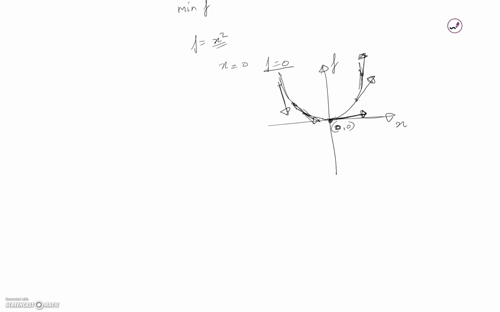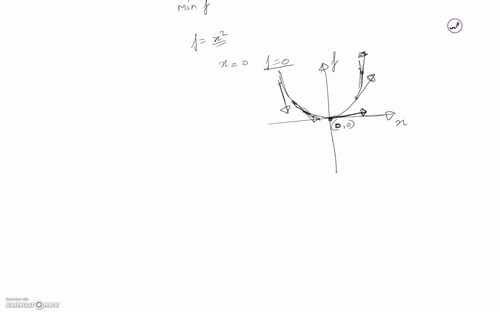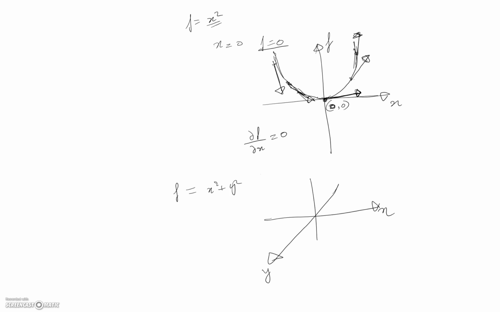So we know that in order to minimize a function, we want the derivative of that function to be 0, and if you extend this to multiple dimensions, let's now call f x squared plus y squared. You can pretty much carry this logic over, and here you can see again that x squared and y squared both have to be greater than or equal to 0, so their sum has to be greater than or equal to 0 as well.